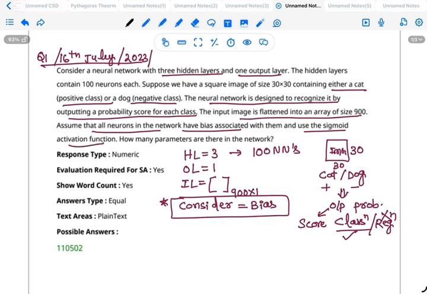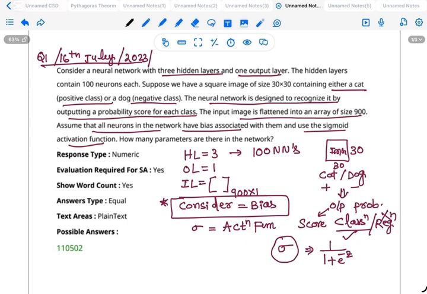Each layer uses the sigmoid activation function. Generally a neuron is represented like a circle. Each neuron uses the sigmoid activation function, where the output is 1 by 1 plus e power minus z. This is the sigmoid activation function.